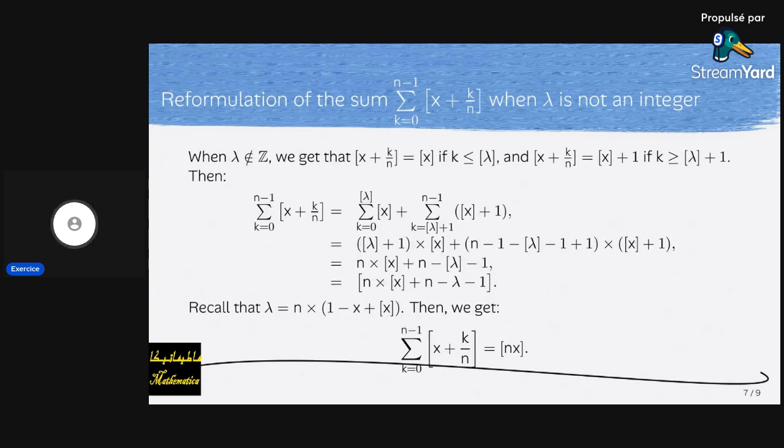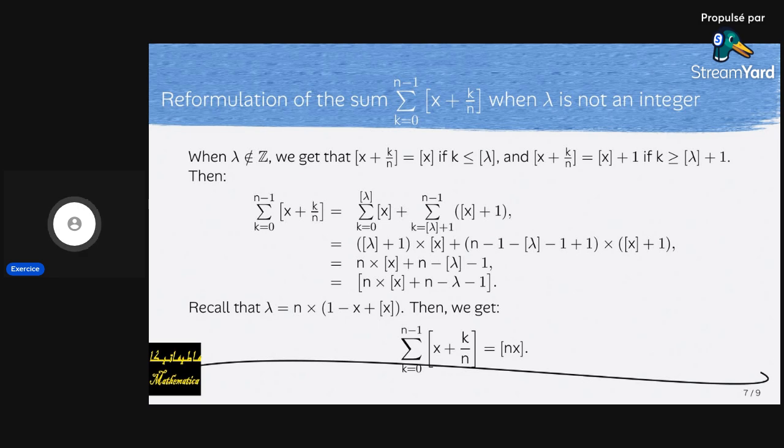So when lambda is not an integer, we get that the integer part of x plus k over n equals the integer part of x when k is less than or equal to the integer part of lambda, and the integer part of x plus k over n is equal to the integer part of x plus 1 if k is greater than or equal to the integer part of lambda plus 1.